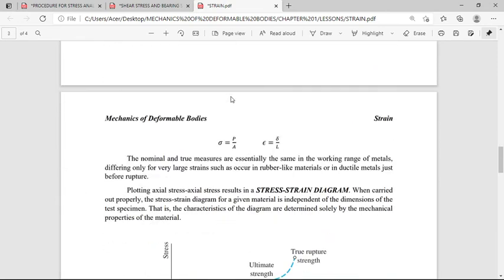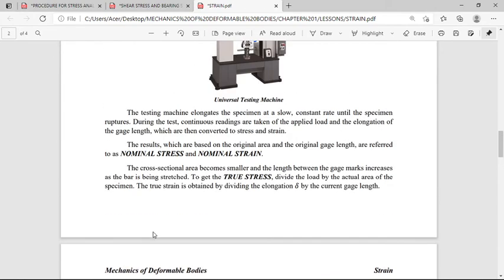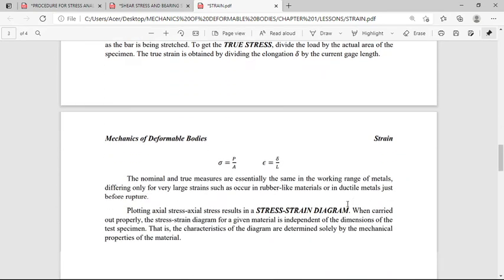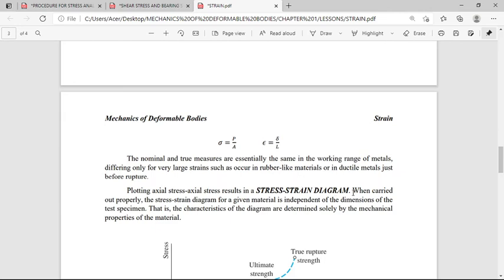Therefore, you'll have the formulas: stress equals P over A and strain equals gamma, which is the elongation over the unit length L. Tatandaan nyo kung paano mag-solve ng true strain and true stress using the universal testing machine or the tension testing machine.